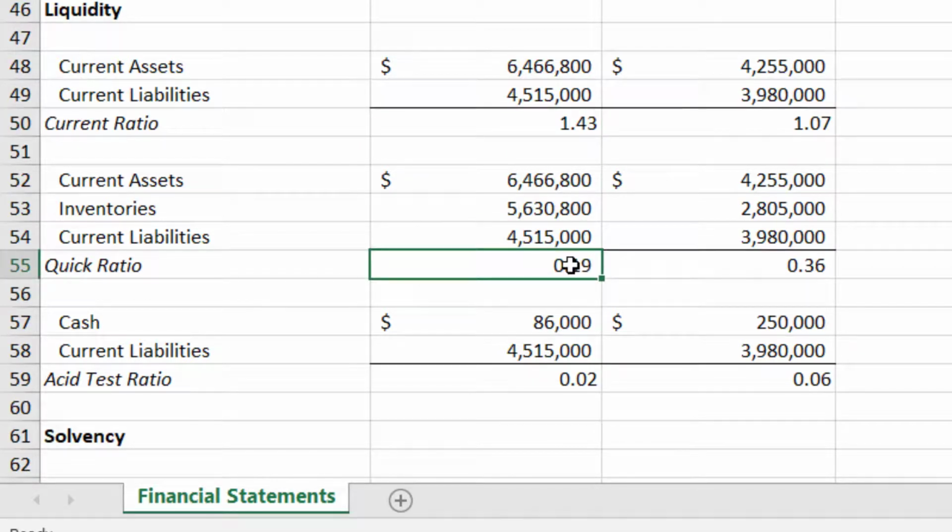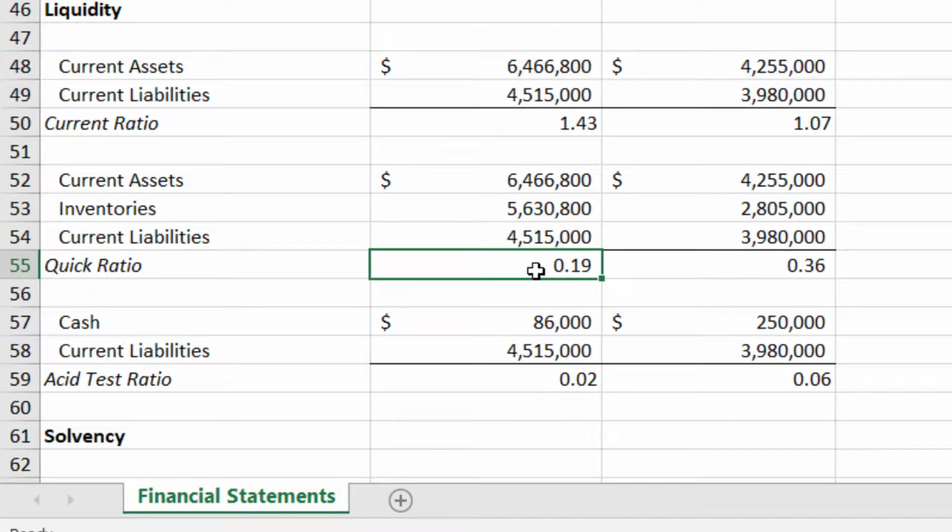Now, earlier I said that we want our current ratio to definitely be bigger than 1. So if our quick ratio is 1, that's probably a pretty good thing from a standpoint of the strength of the position that we're in. But I'm not going to sit here and say it has to be greater than 1. Because really in this particular case, we're down to asking, do we have enough cash and accounts receivable to cover all of our liabilities? Kind of, if we didn't sell anything whatsoever, could we cover our current liabilities?